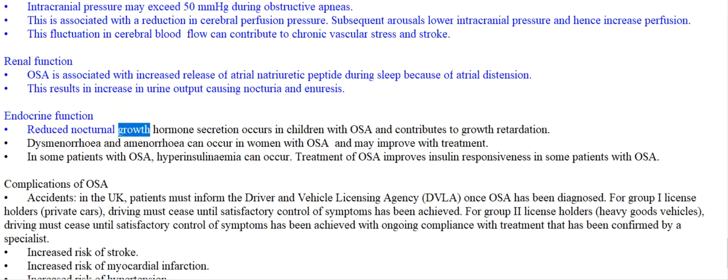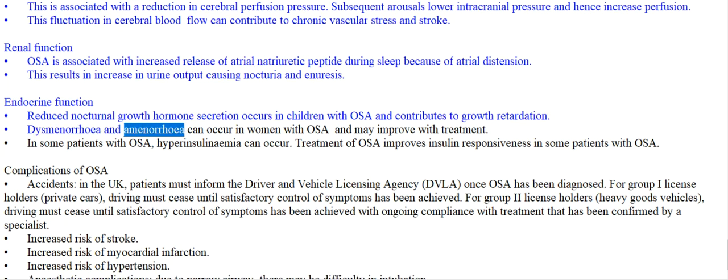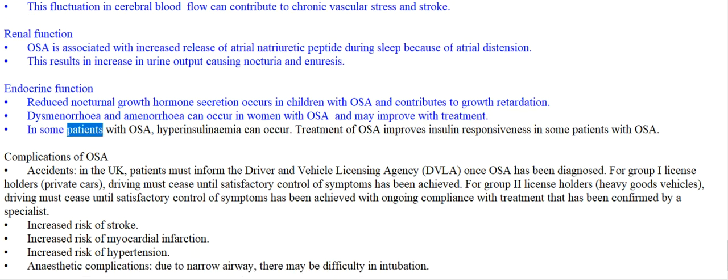Reduced nocturnal growth hormone secretion occurs in children with OSA and contributes to growth retardation. Dysmenorrhea and amenorrhea can occur in women with OSA and may improve with treatment. In some patients with OSA, hyperinsulinemia can occur. Treatment of OSA improves insulin responsiveness in some patients.